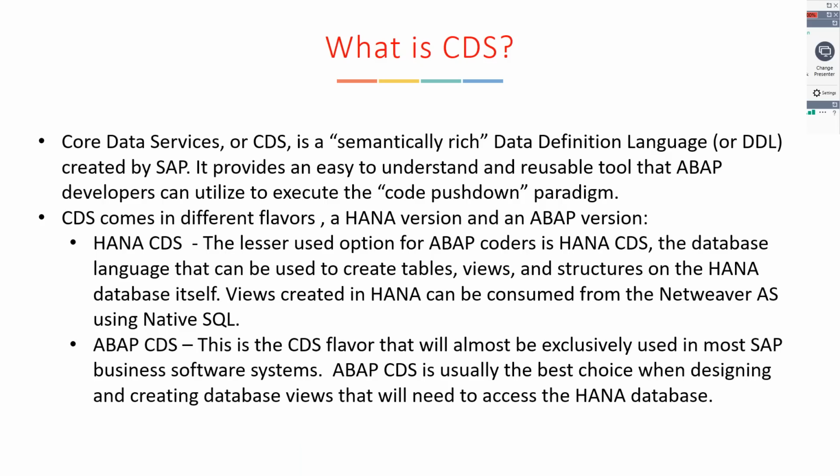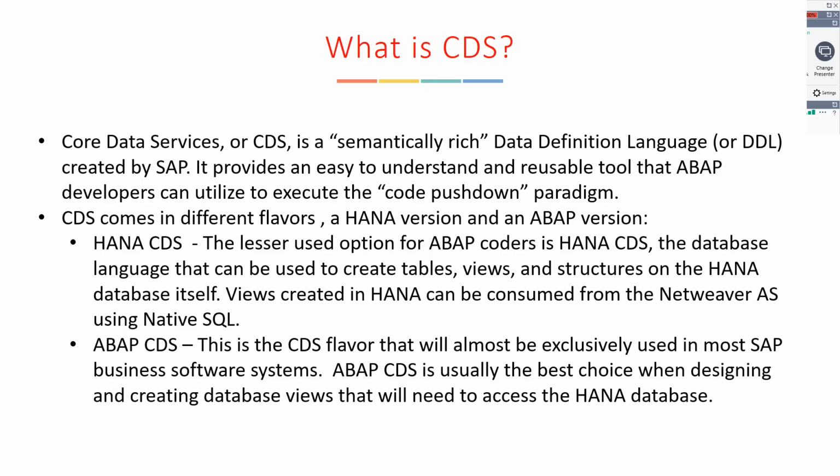So just starting off, Core Data Services is a data definition language that was created by SAP initially just on the HANA database side. Just to explain what that means, you have a HANA database, which really is just a database in ways. It stores your data, you retrieve it, you do selects against tables and things like that. But in addition to that, HANA has the ability to process data.